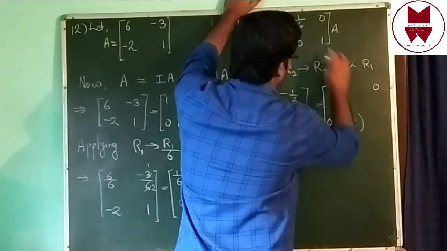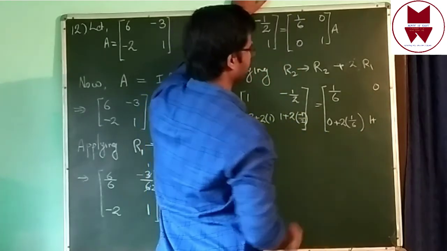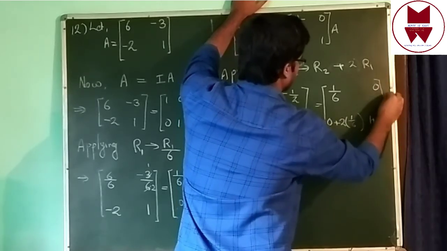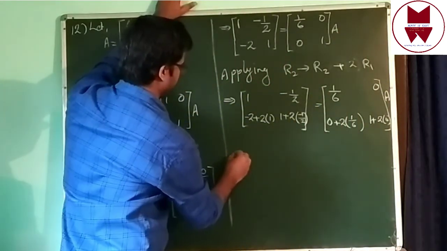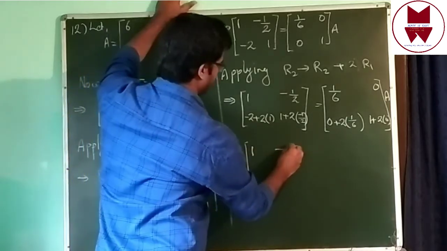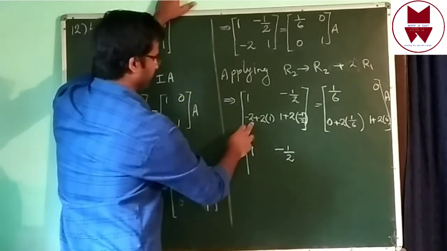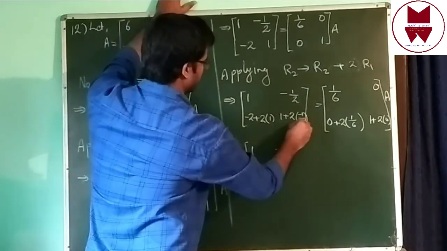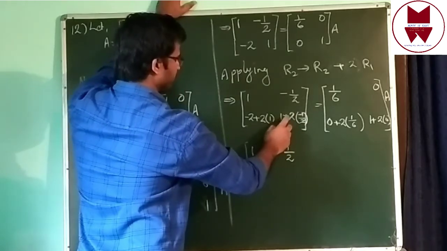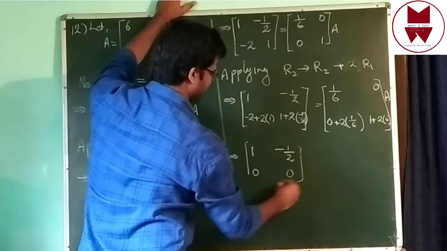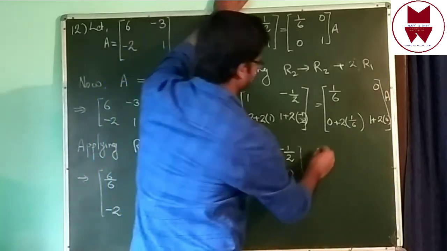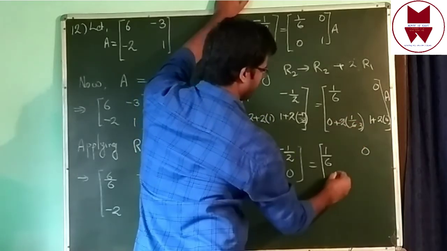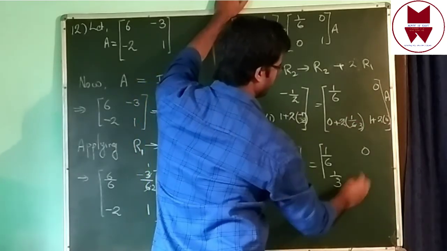Then 1 plus 2 R1, 2 into 0 into A same A. 1 minus 1 by 2 in here, 2 into 1, 2. Then 2 minus 2 you will get 0. 2 and 2 cancel. Then plus 1 minus 1 that will be 0. Right side 1 by 6 0 plus 2 cancel you will get 3, 1 by 3, 2 into 0, 0, then remaining only 1.